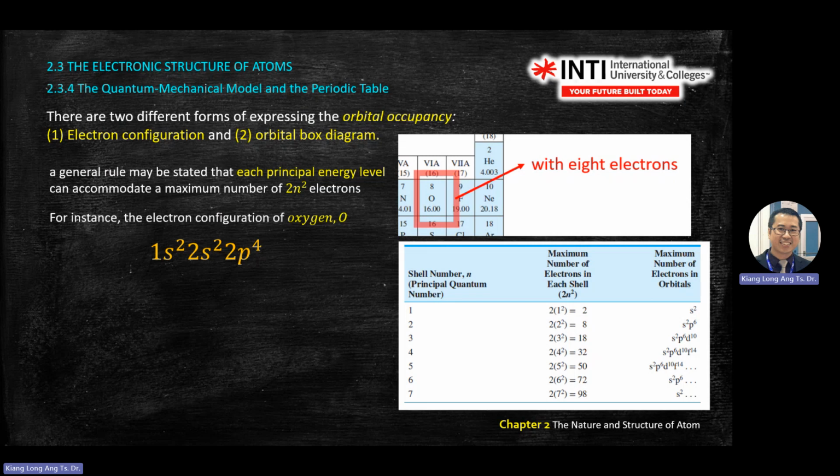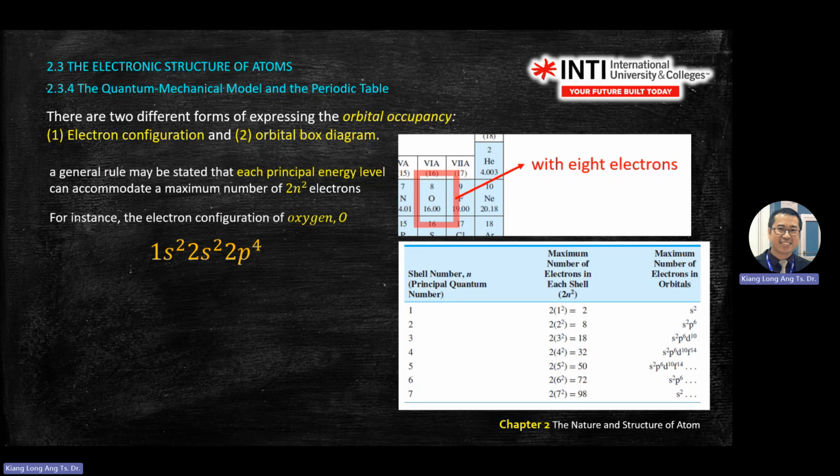This is for s, p, d, f: s has 1, p has 3, d has 5, f has 7. So s got 1, p got 3, and this is how you get 4: 1 plus 3. How do you get 9? 1 plus 3 plus 5, you get 9. Okay, I'm familiar with all these formulas.